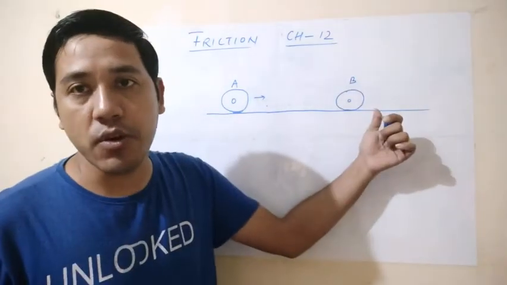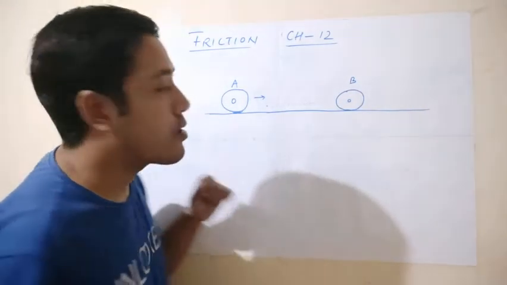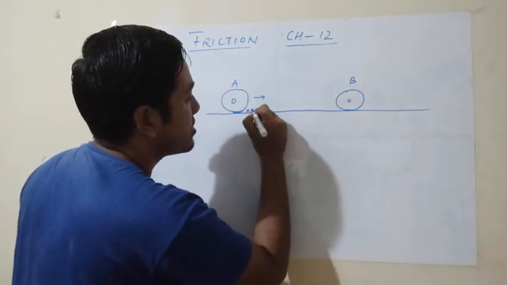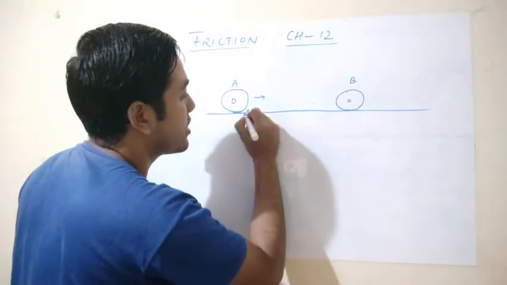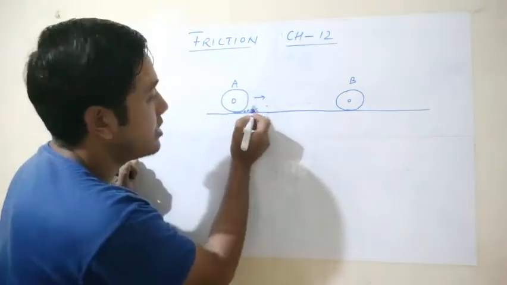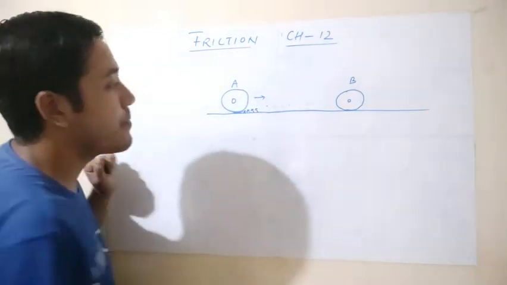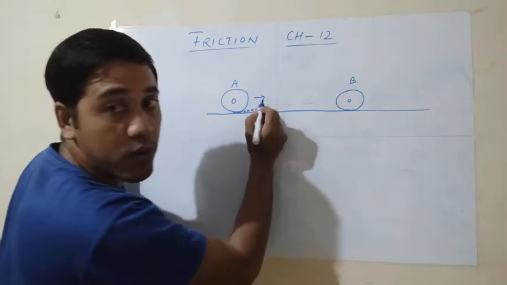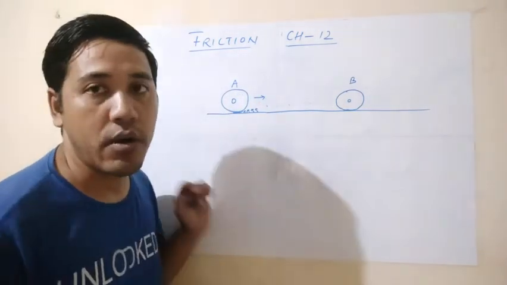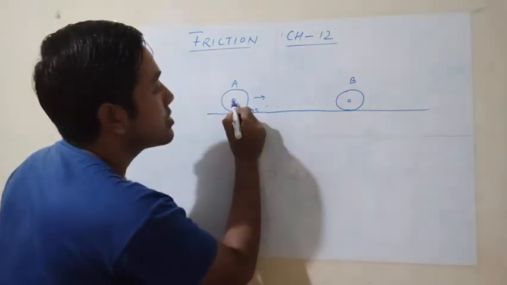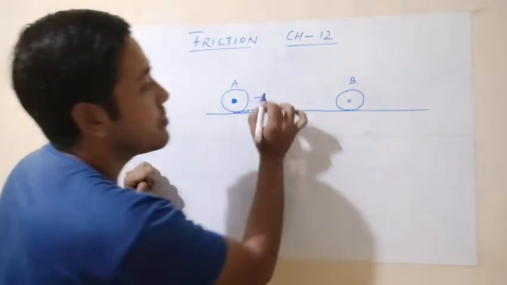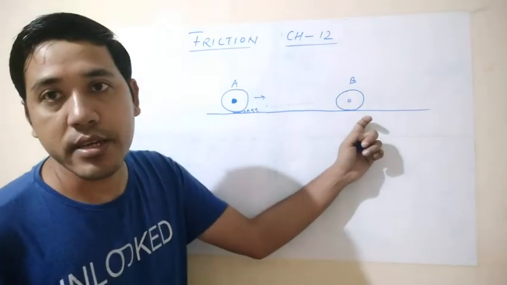Why will this ball stop after covering some distance? Because some force comes out from the ground, from this contact region, against the motion of this object. With the help of this force, the motion of the object will be stopped or slowed down.